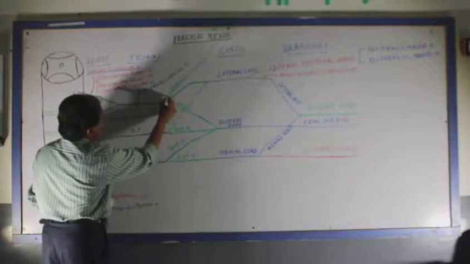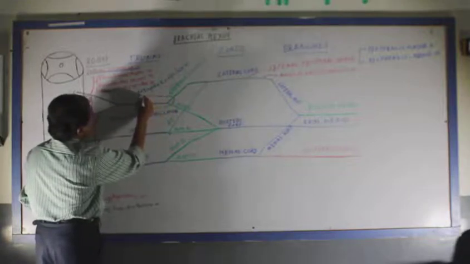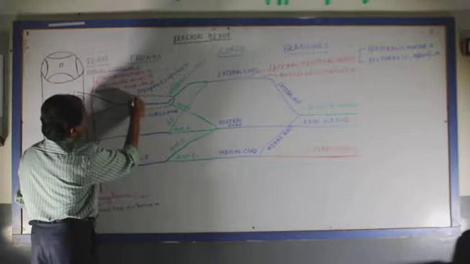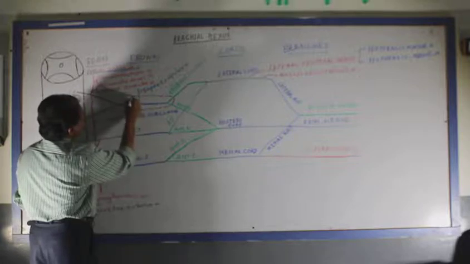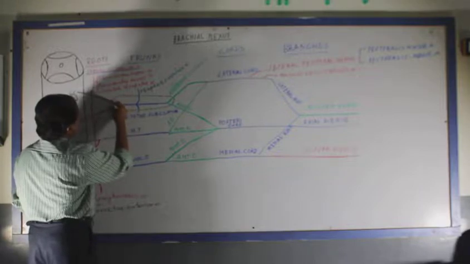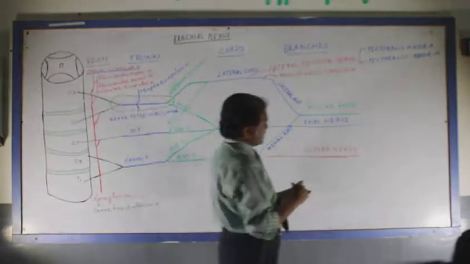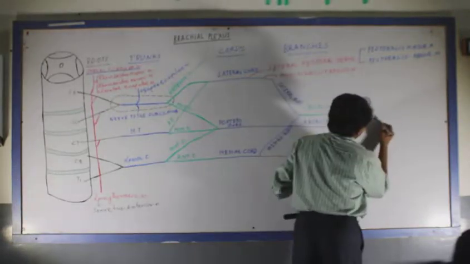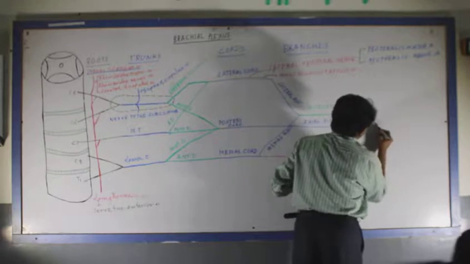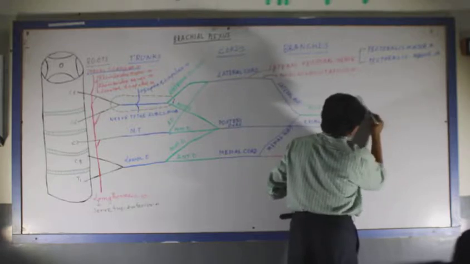Collectively, it is called Erb's point. And I shall draw the diagram here. This one is C5.